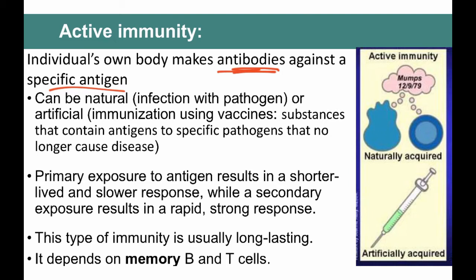One thing I want to caution you about is you definitely don't want to fall into the trap of thinking that because something is natural, it's automatically better than something that's artificial. We talked about this a little bit in class the other day. You can have natural active immunity to the varicella virus that causes chickenpox, or you can have artificial active immunity because you've been immunized against that virus.